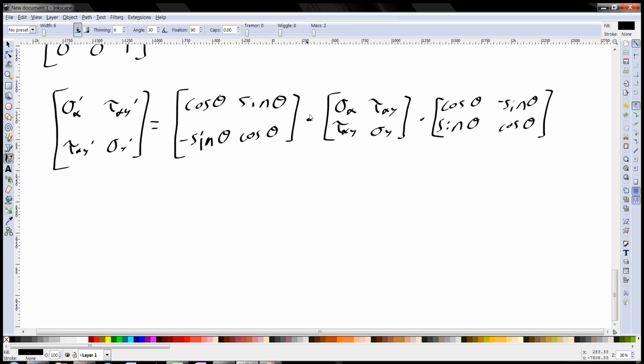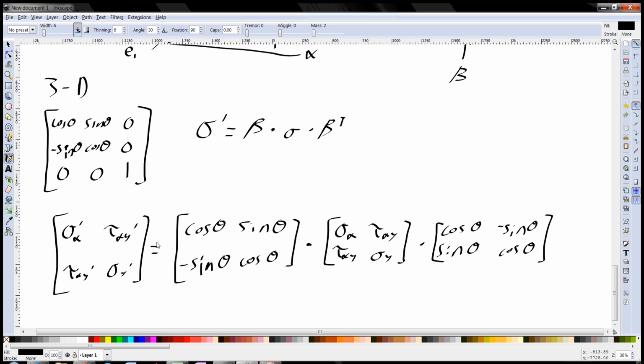So that is this equation here written out with all of the matrix rather than the variables that denote them.